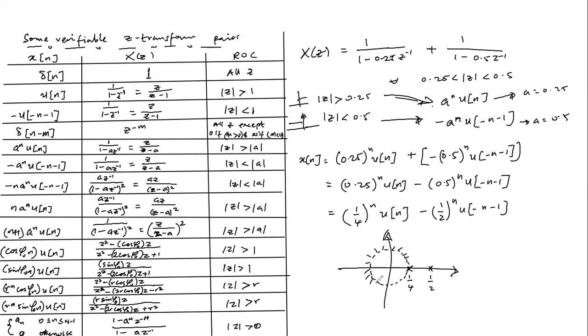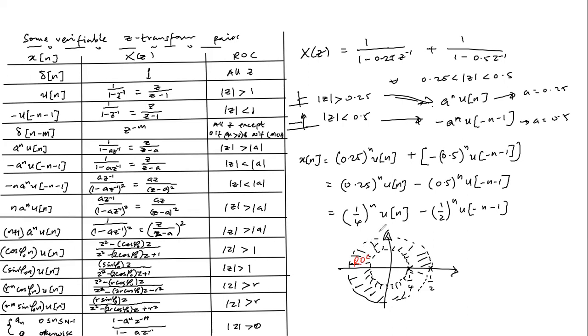So the outermost side. Now, but for a left-sided signal, the region of convergence is the other way around. It comes this way. So in other words, we have a donut shape looking like this. Yeah, this is the region of convergence.